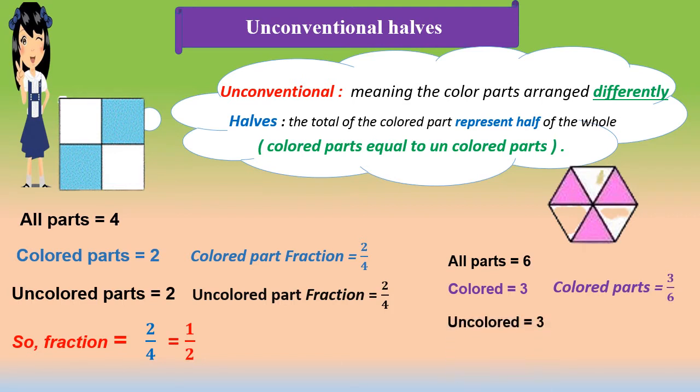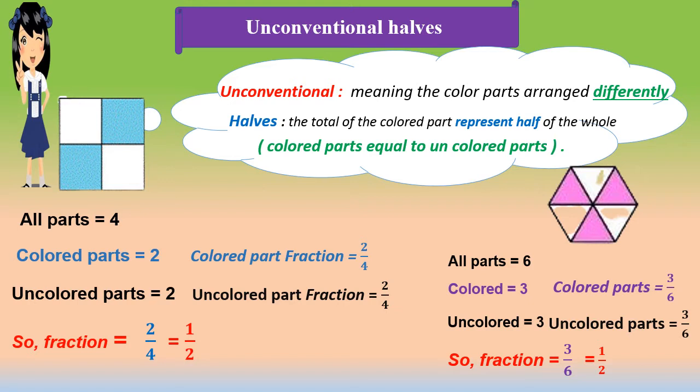But what about the uncolored part? 3. So the fraction is 3 over 6. 3 over 6 equals 1 half. Why? Because I also colored half of the wall. So this is an equivalent fraction.